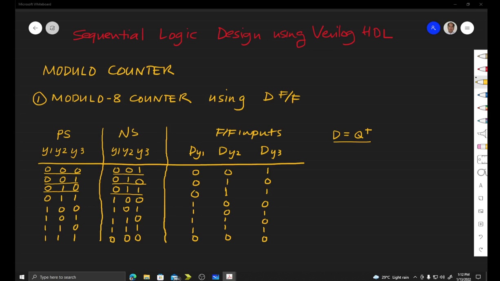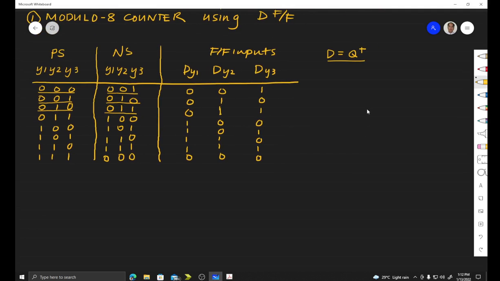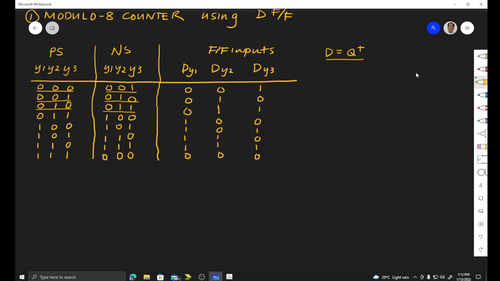Next, let us draw our circuit for our modulo counter. So we have here our dy1.